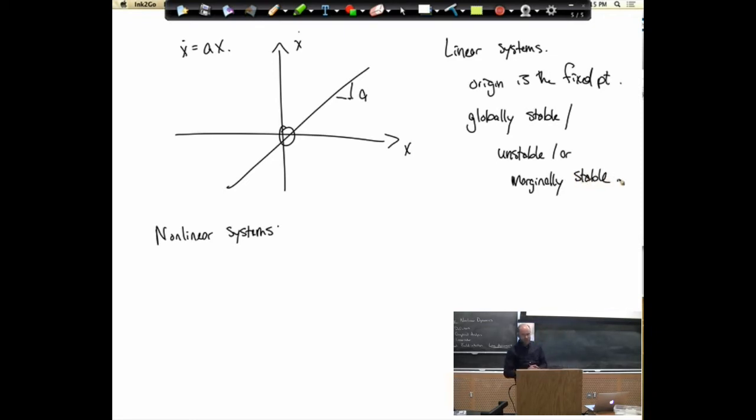But nonlinear systems are much more rich. So we can start talking about local versus global stability, and we'll see examples of both in pictures in the next few minutes.